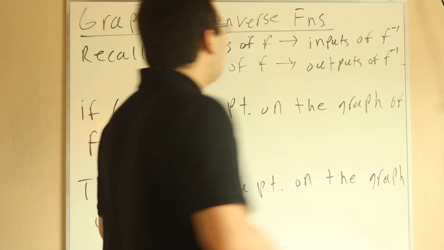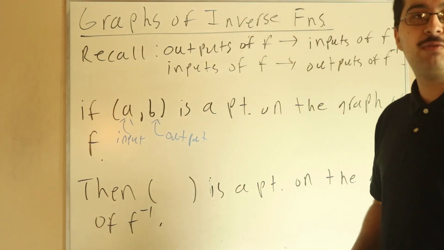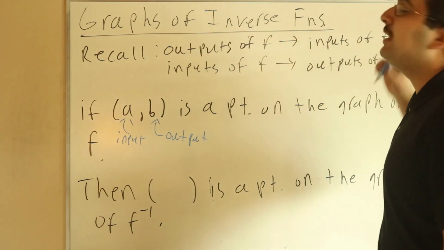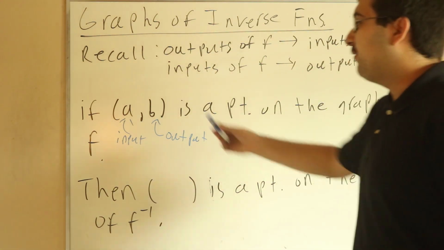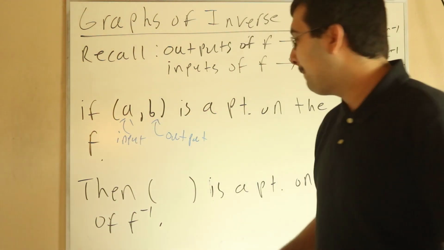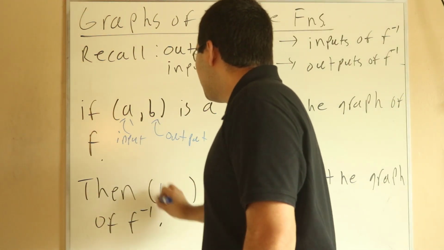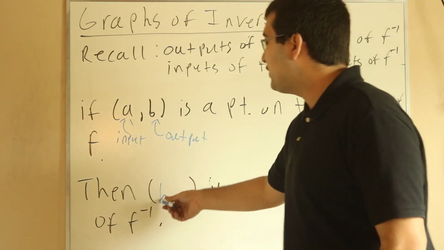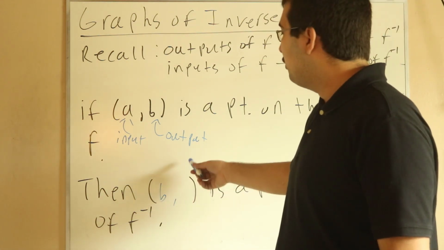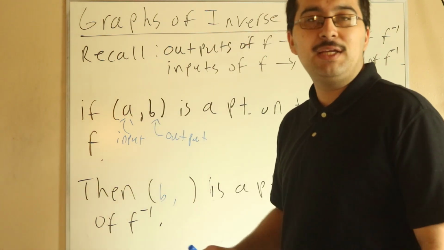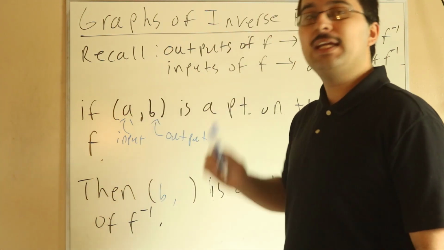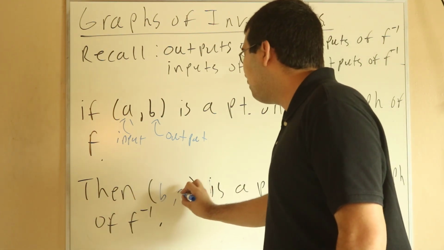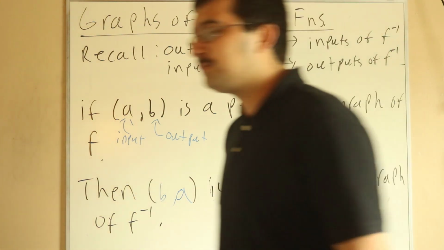Going back to our relationship between f and its inverse, the outputs of f must be the inputs of f inverse. So if b is an output of f, then b must be an input of f inverse. Conversely, what will be the output here? Well, what was the input that generated b for f? The input was a, so when I input b into f inverse, I should expect to output a.